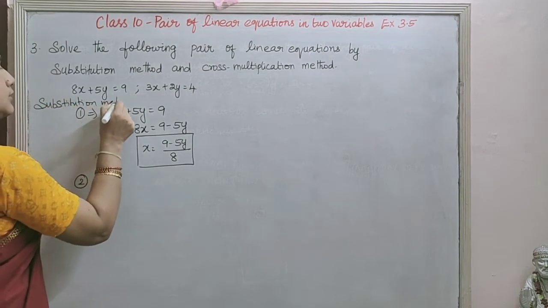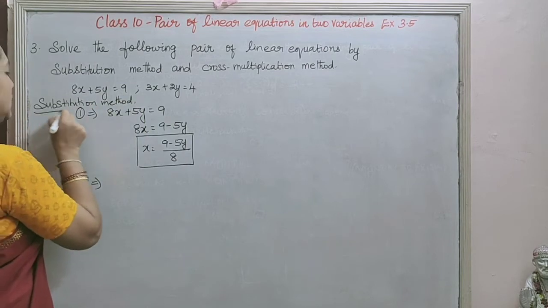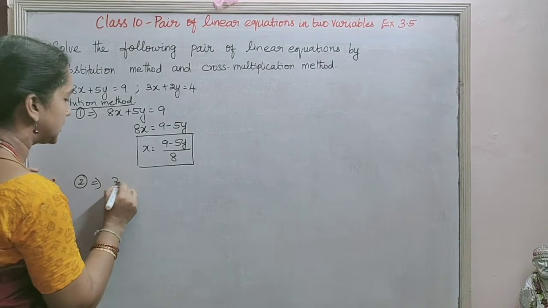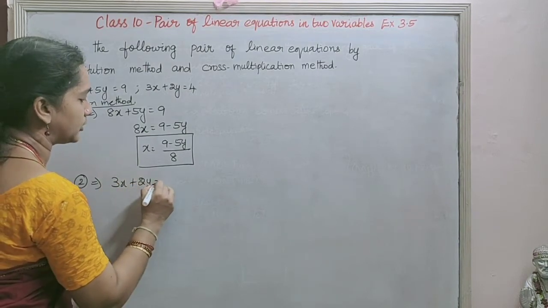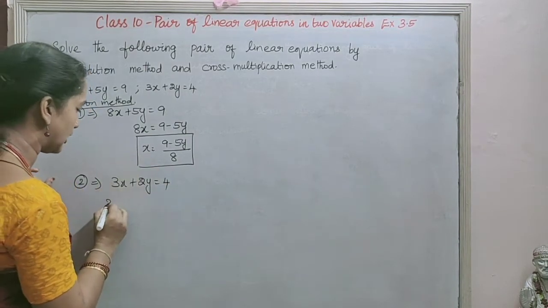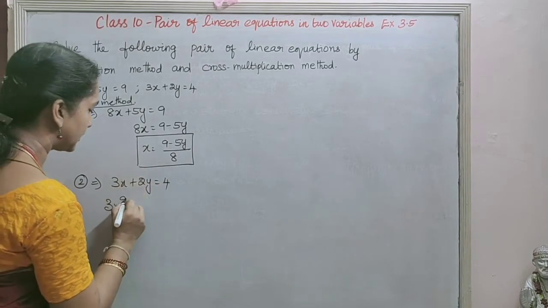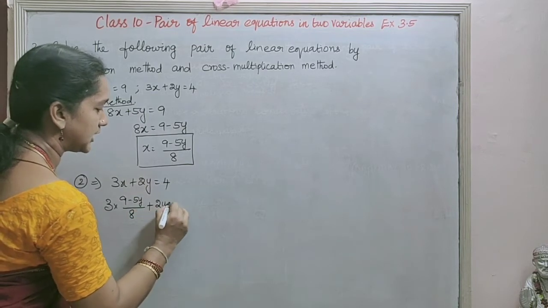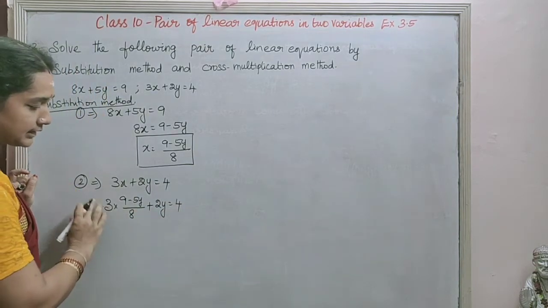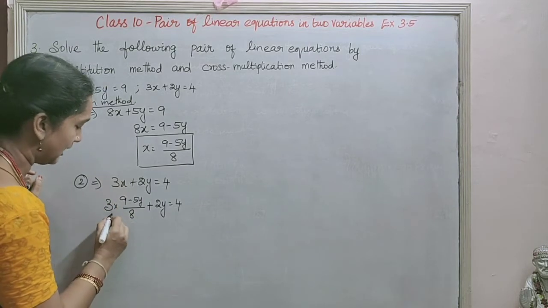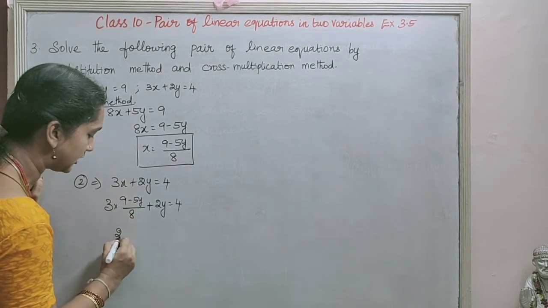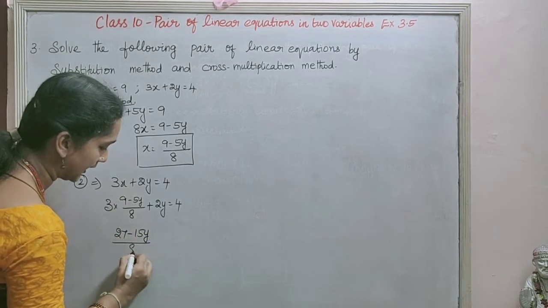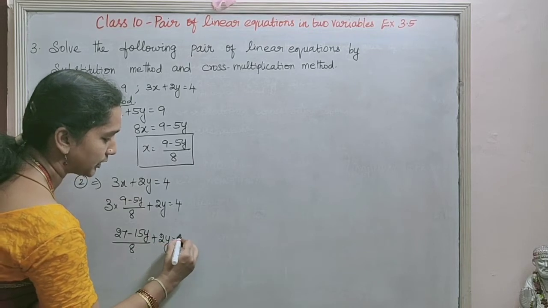Whatever method I am doing, I have to get the same values of x and y. So the second equation is 3x plus 2y is equal to 4. Substituting the x value, 3 into (9 minus 5y) by 8 plus 2y is equal to 4. There is nothing to simplify here, so I will multiply the 3 with the numerator. 9 3s are 27 minus 5 3s are 15y, by 8, plus 2y is equal to 4.